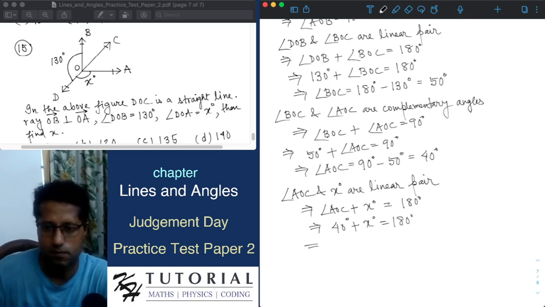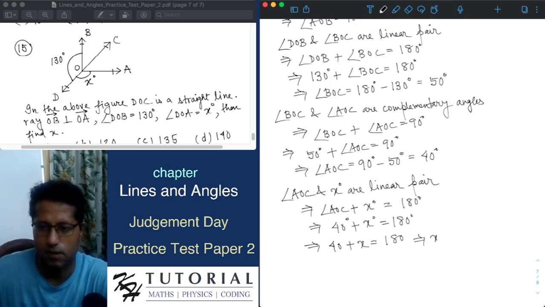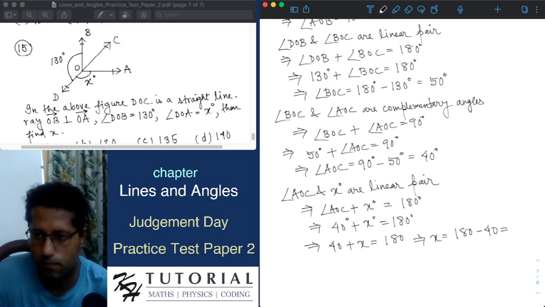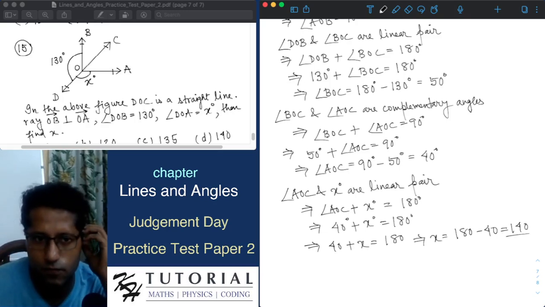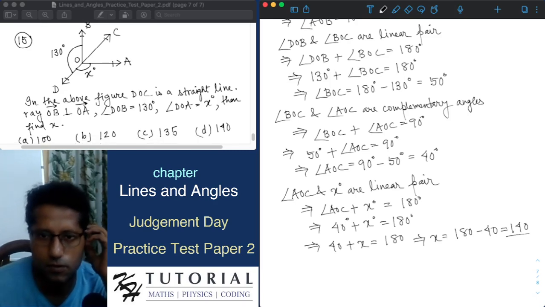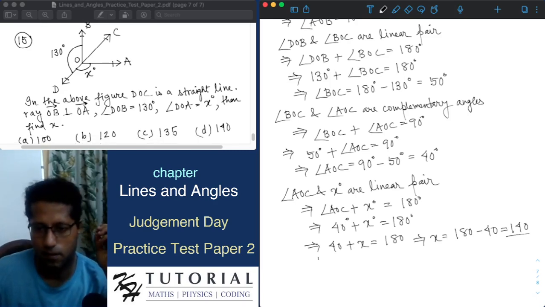So this implies that 40 plus x equals 180. This implies x equals 180 minus 40, which is 140. So x is 140. So the correct choice is D.